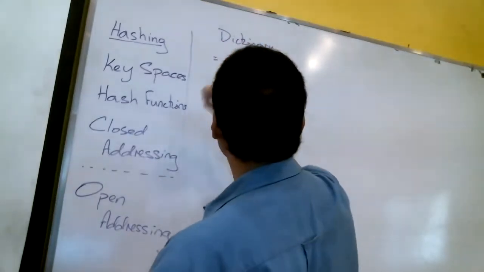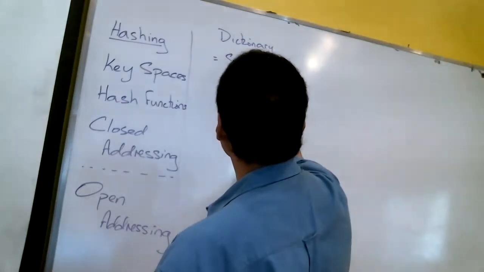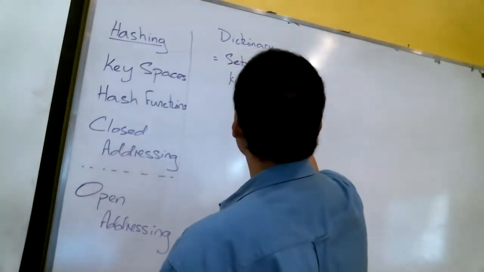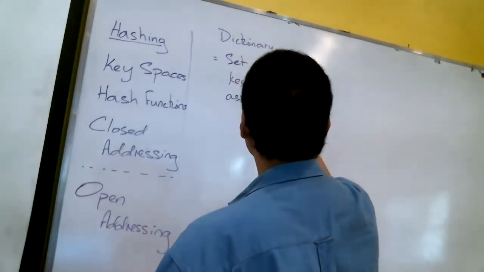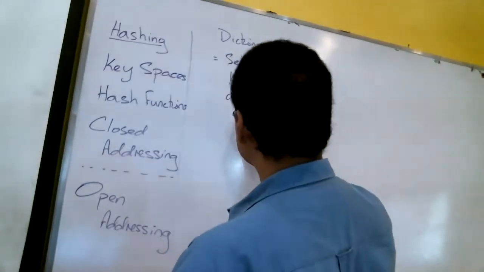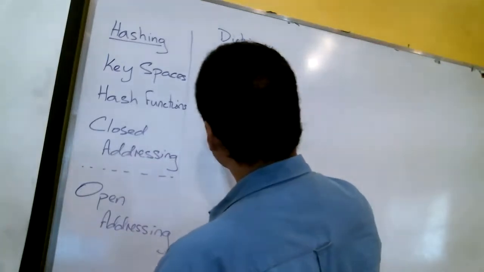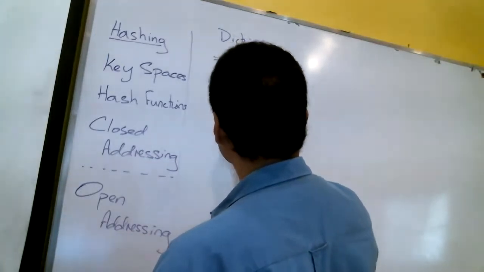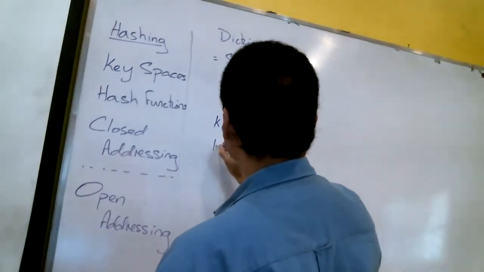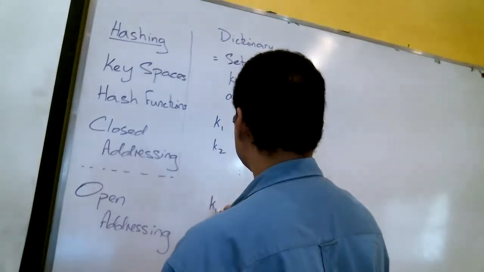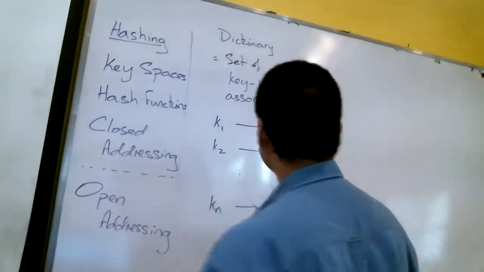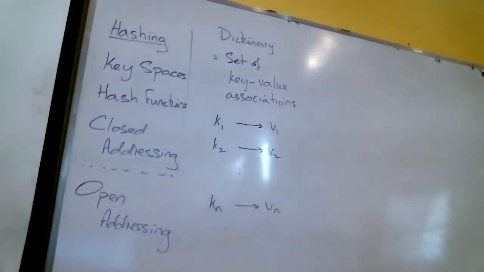Remember that your dictionary is really an array or set of key value associations. So in other words, something like that, where the K's are my keys and my V's are the values that they're associated with.